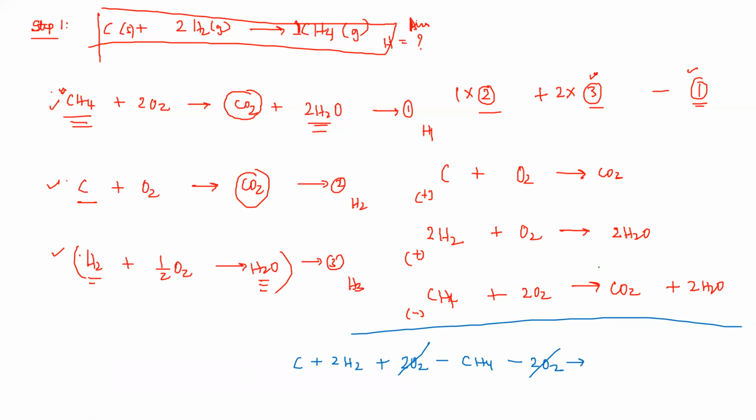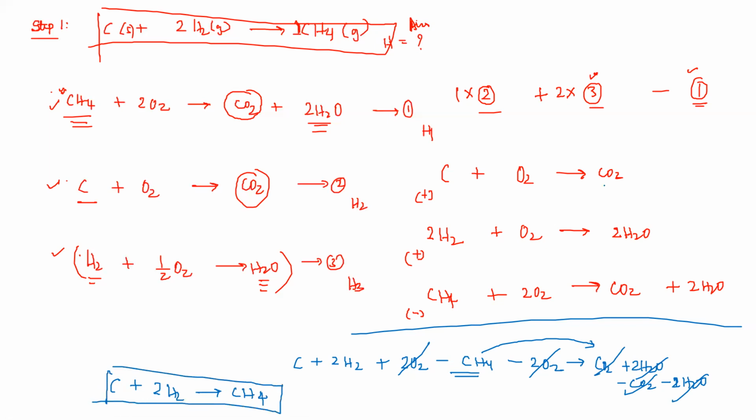Then over here on the RHS, we have CO2 plus 2H2O minus CO2 minus 2H2. So these are going to get cancelled. And then again, this is in negative, so we can send it towards the RHS. So we have got the aim equation, C plus 2H2 gives CH4. This is the aim equation that we have got by doing this particular calculation.